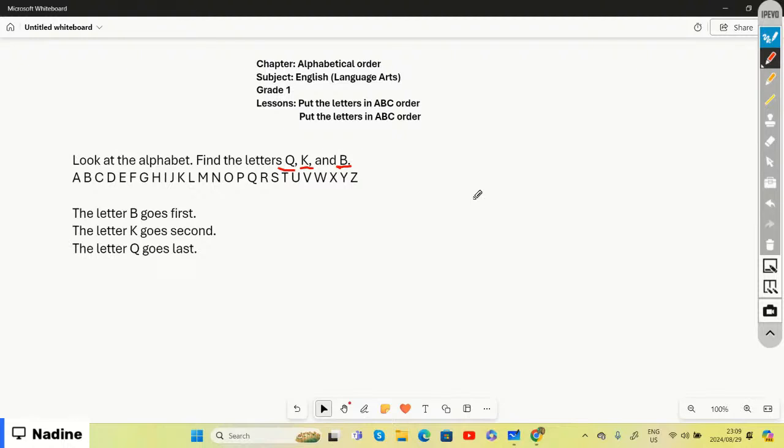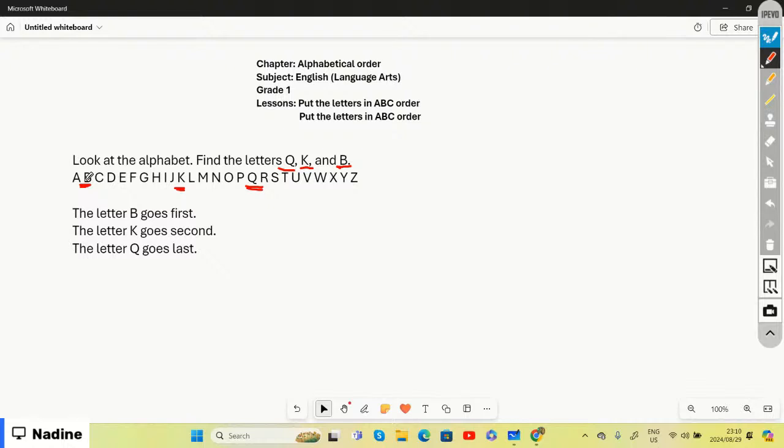All right. So if we were to find the letters, here we have Q. To find the letter K, we can go back and there we have K. And here we have B, right?